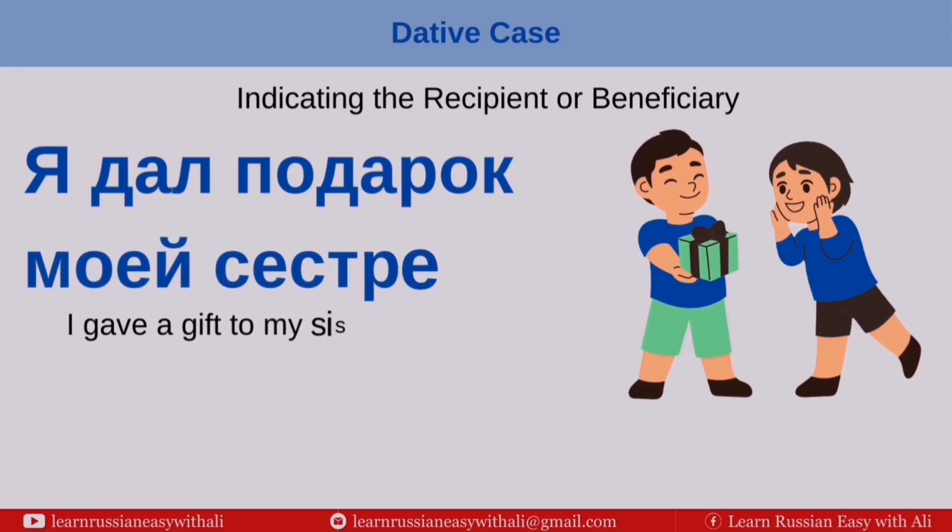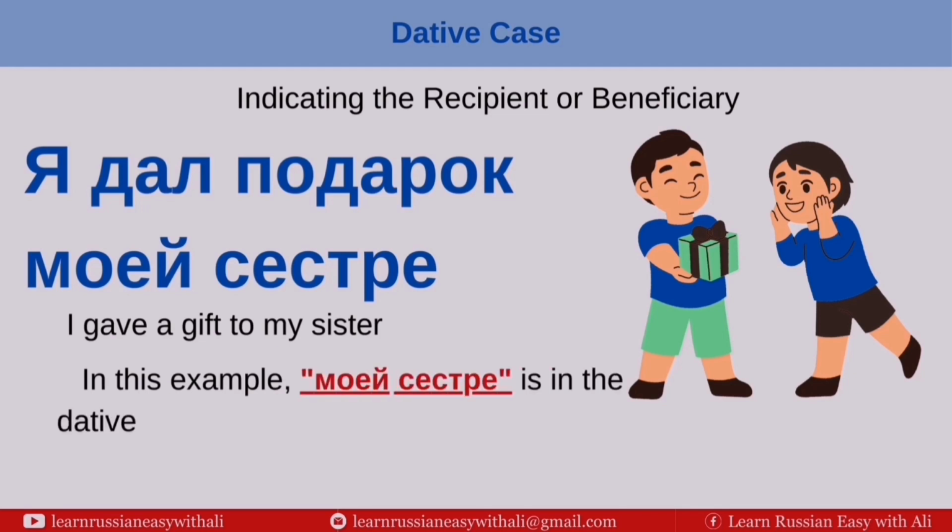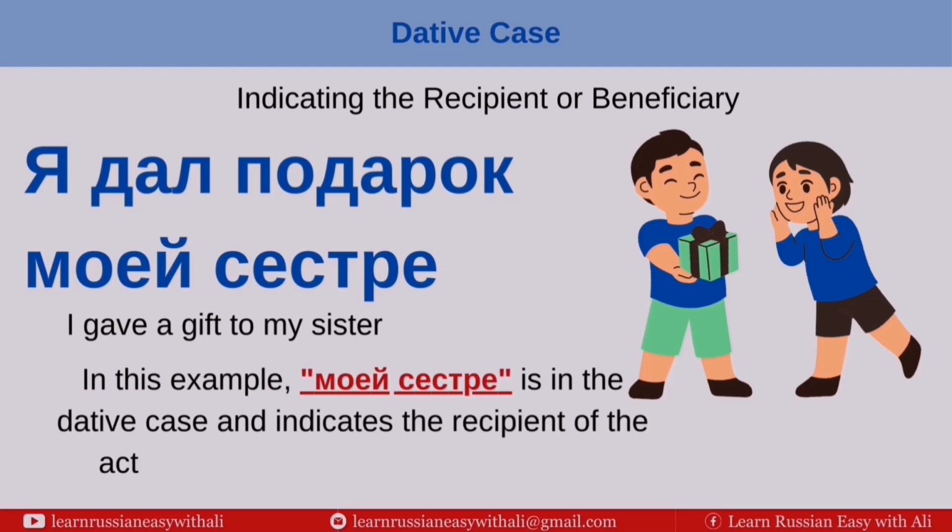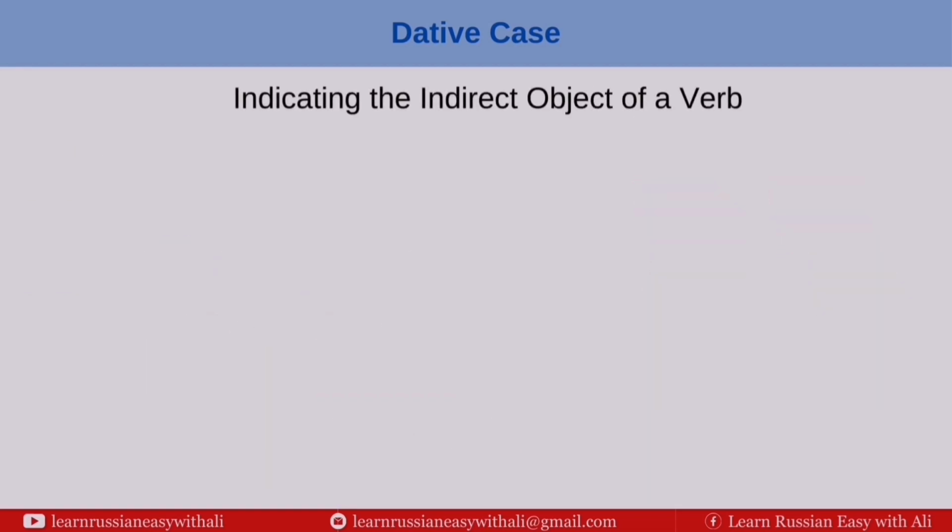Я дал подарок моей сестре. In this example, Моей сестре is in the dative case and indicates the recipient of the action, the sister who receives the gift. Indicating the indirect object of a verb.